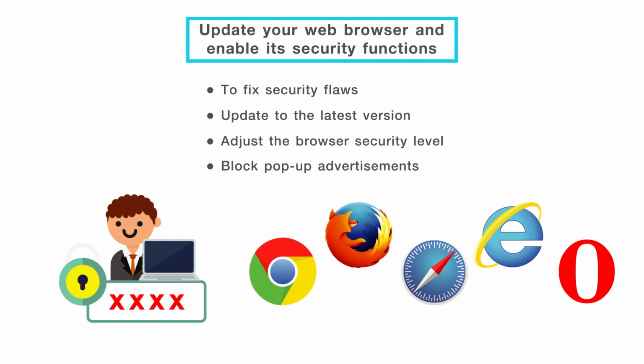Most browsers provide advice on each of the security settings and explain the advantages and disadvantages of enabling or disabling functions and high and low security settings. Block pop-up advertisements. Pop-up blockers disable windows that could potentially contain malicious code. Most browsers have a free feature that can be enabled to block pop-up advertisements.